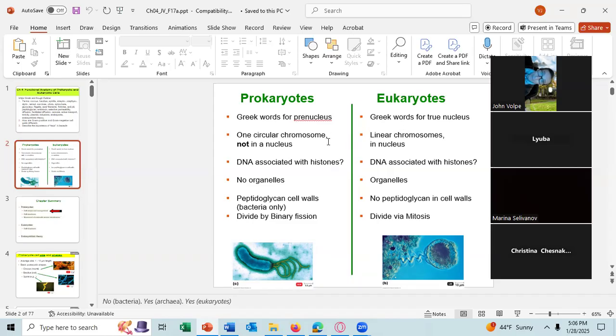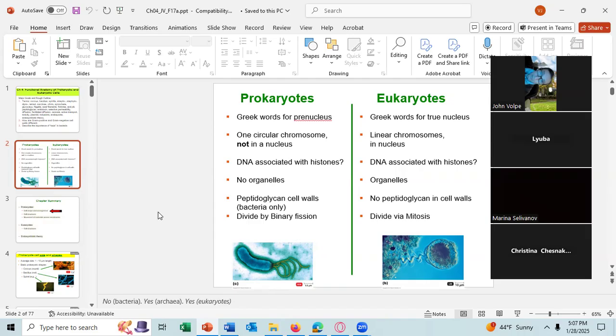The prokaryotes generally have one circular chromosome, meaning in a circle, the beginning spot is the ending spot. In a eukaryote, we normally have a linear chromosome, like the X chromosome. It begins here and ends here. The beginning and ending spot differ.